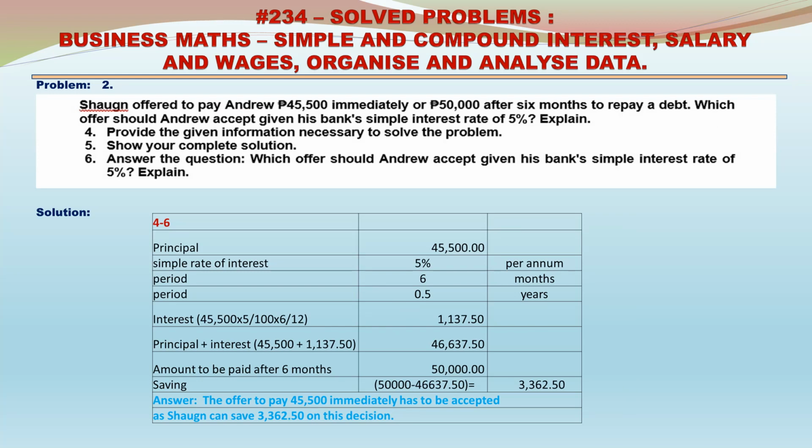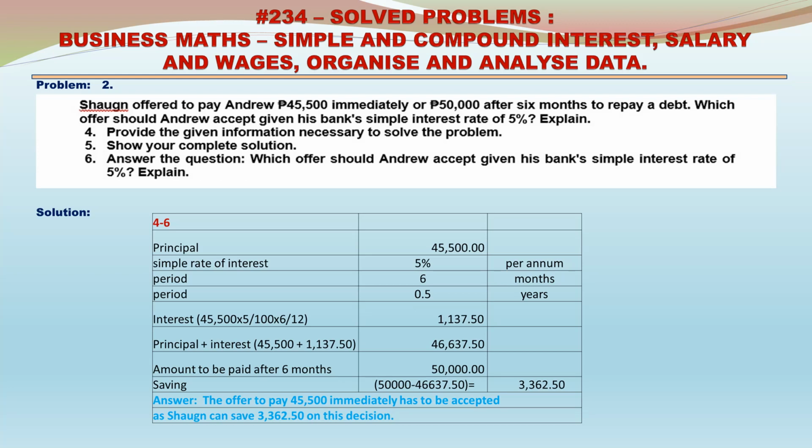Explain. Principal amount 45,500. Simple rate of interest 5% per annum. Period 6 months. Period in years 0.5. Interest 45,500 into 5% into 6 by 12, 1,137.50. Principal plus interest 45,500 plus 1,137.50, 46,637.50.